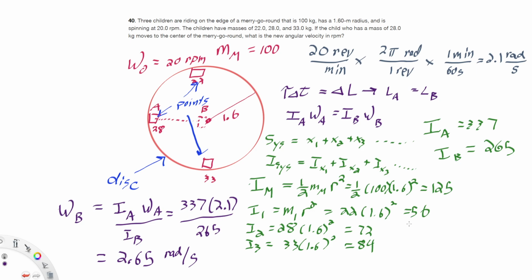The more typical example for this sort of thing is, imagine a figure skater doing that spin with their arms outstretched, and then to speed up their spin, they bring their arms in close. So they reduce their own moment of inertia and speed up their angular velocity in the process.